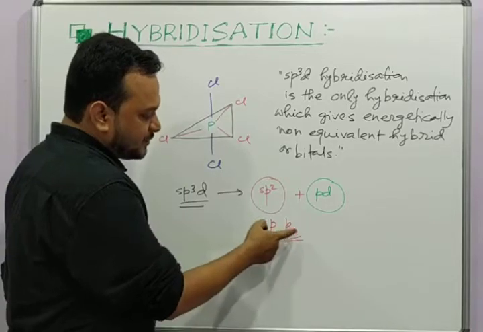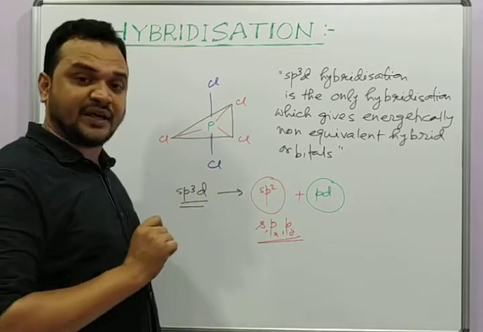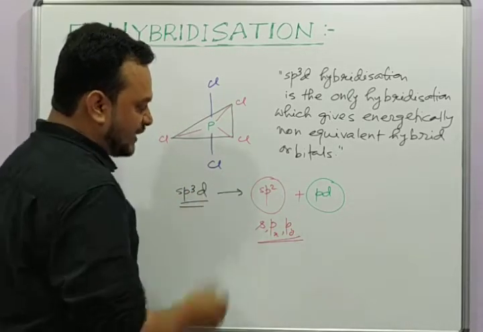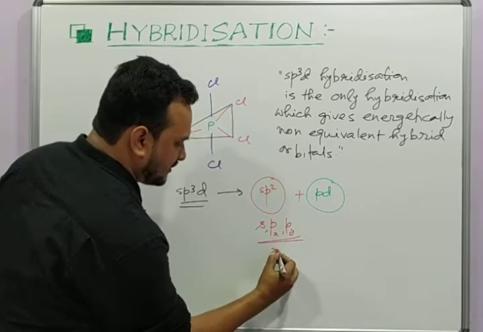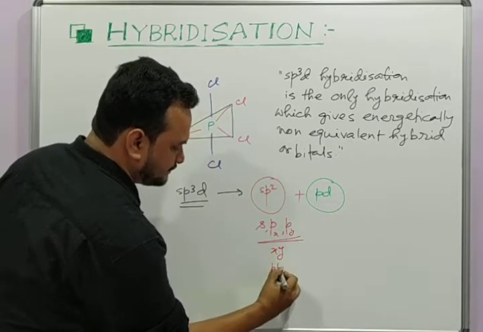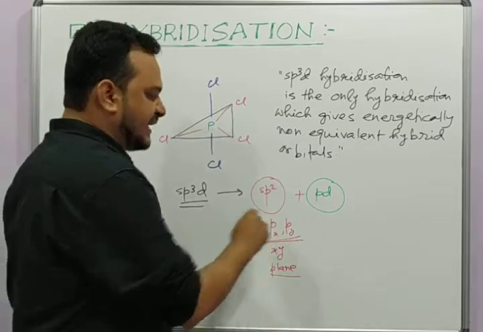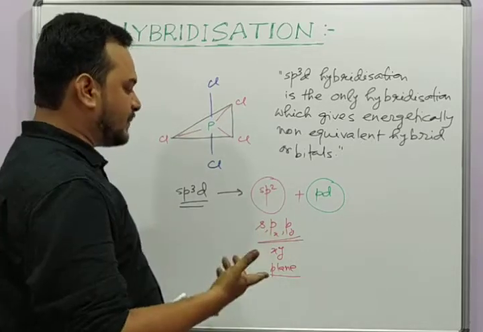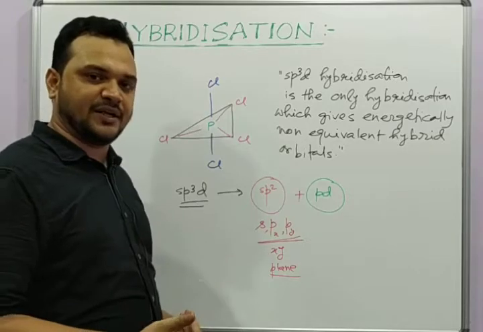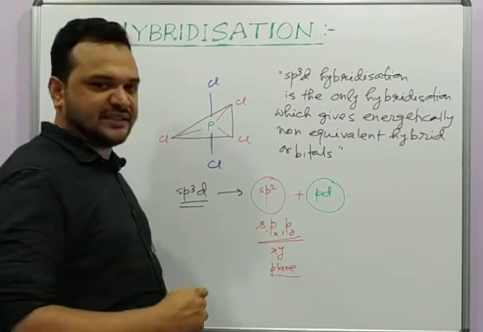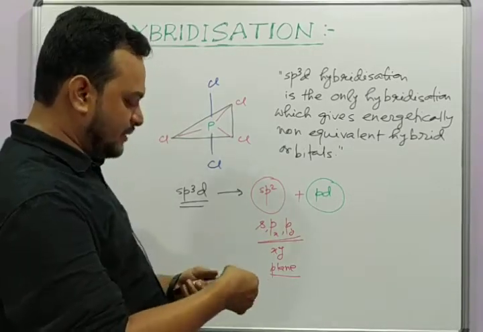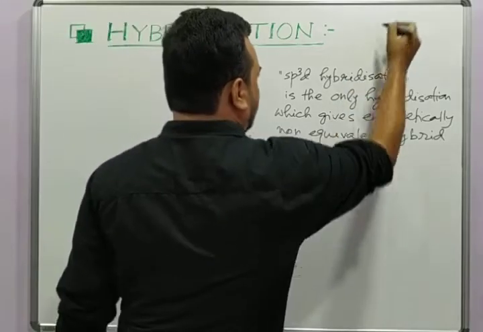The p orbitals participating are px and py. So that trigonal plane will be nothing but the xy plane. If you take px and pz, then the trigonal plane will be the xz plane. If you take py and pz, the trigonal plane will be the yz plane, just like this.